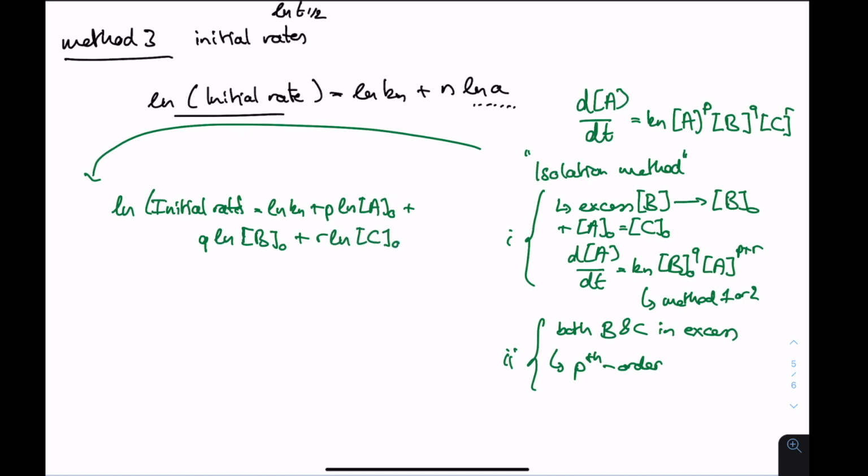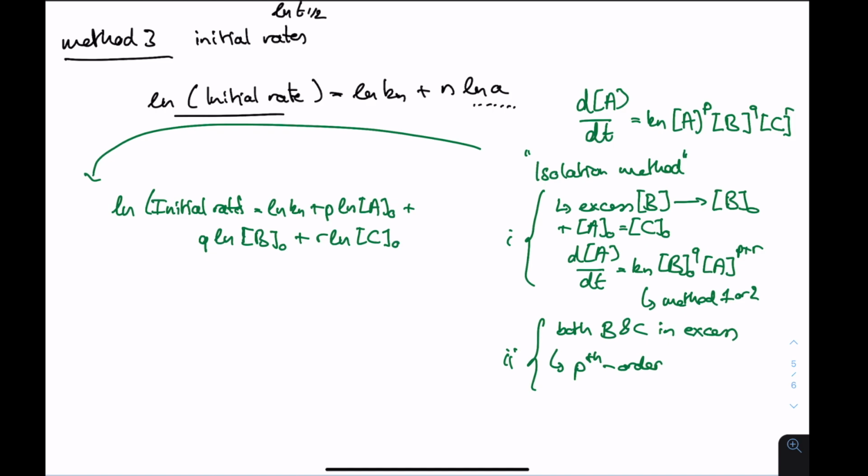So to determine p, it's only necessary to find out how the initial rate varies with the concentration of A while keeping B and C constant.